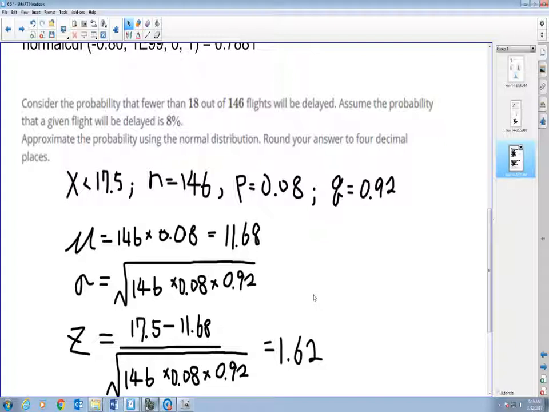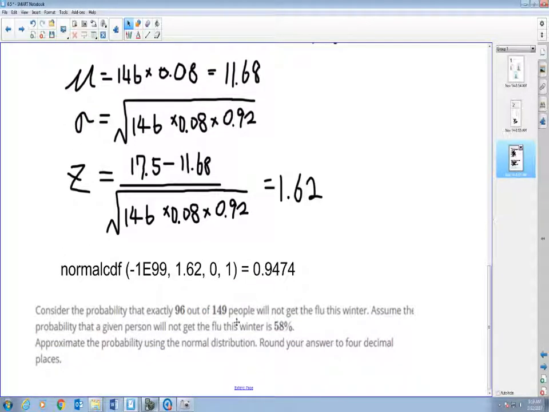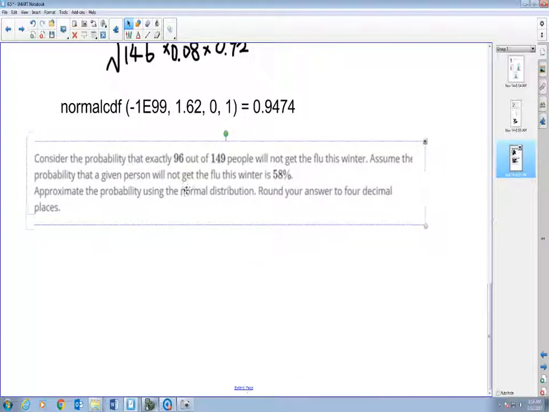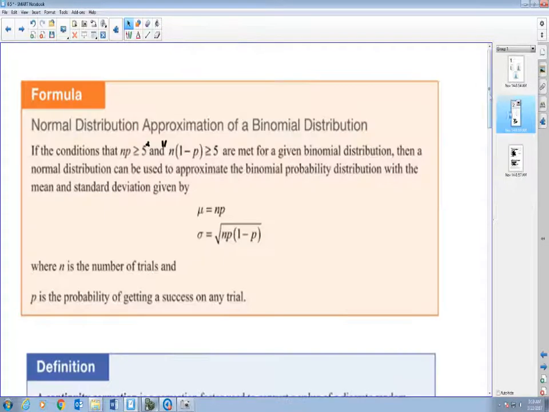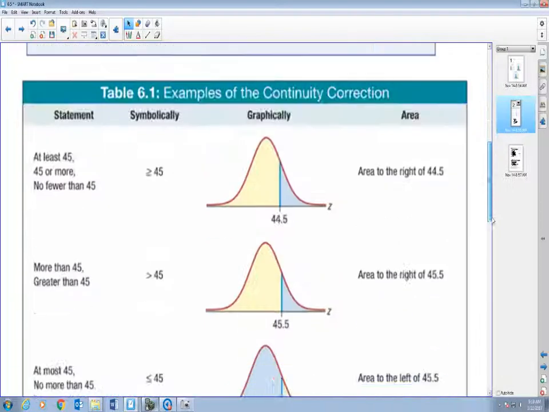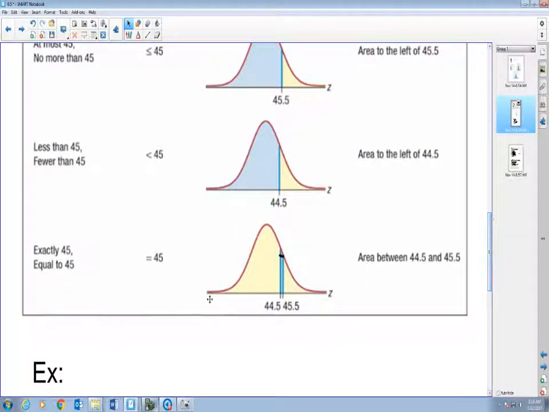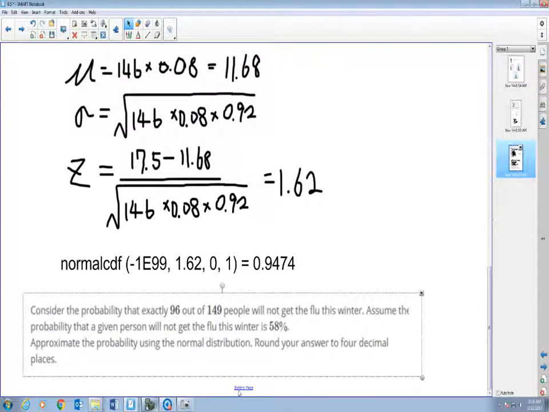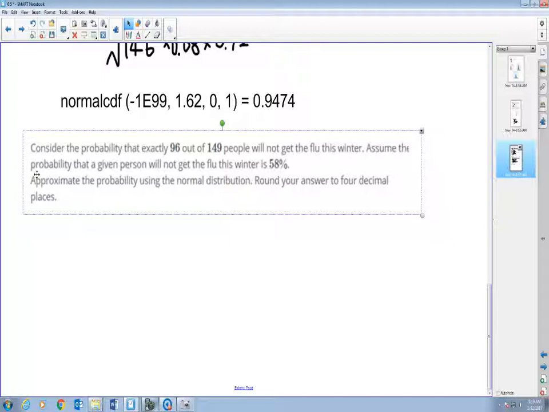Alrighty. Now let's do one with the word exact. So when we do exact, in this picture, exact has to be from the 0.5 to the left to the 0.5 to the right. So consider the probability that exactly 96 out of 149 people would not get the flu this winter.